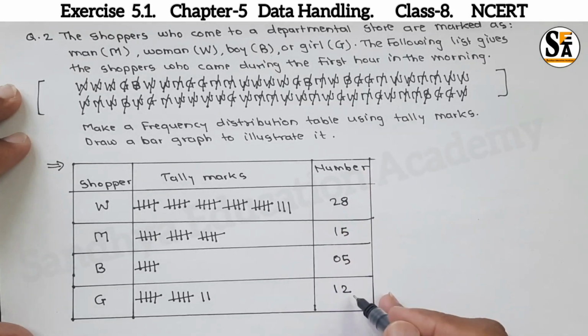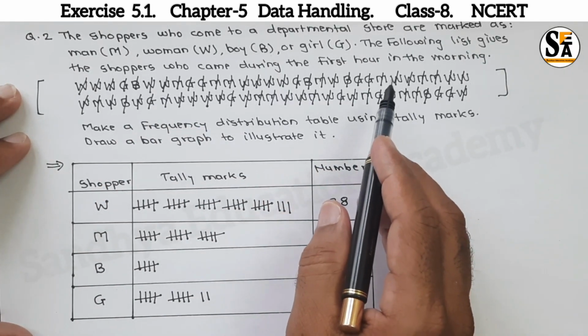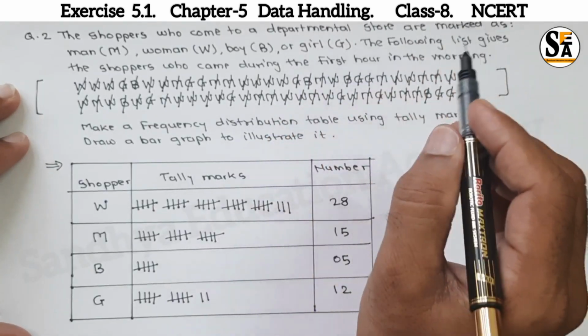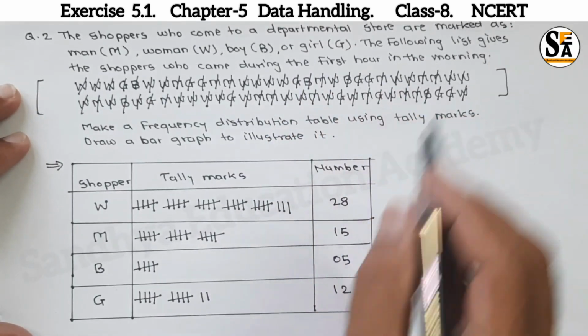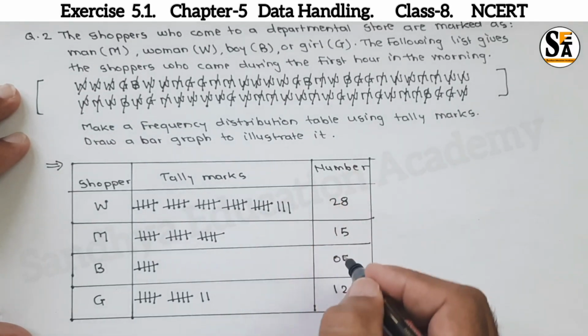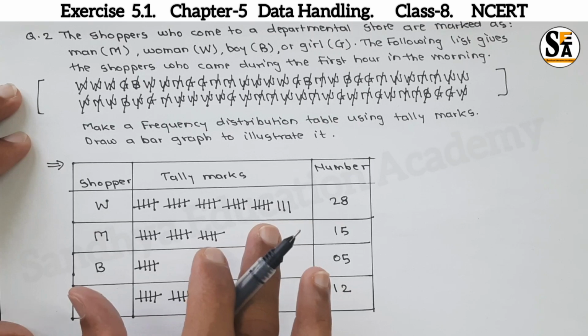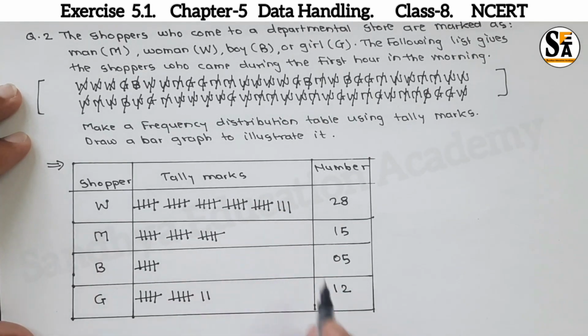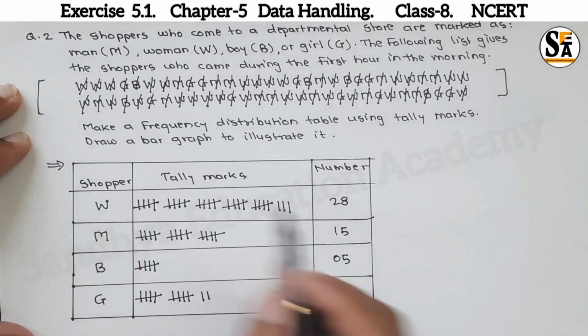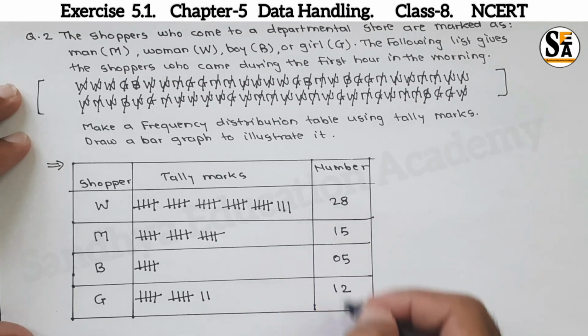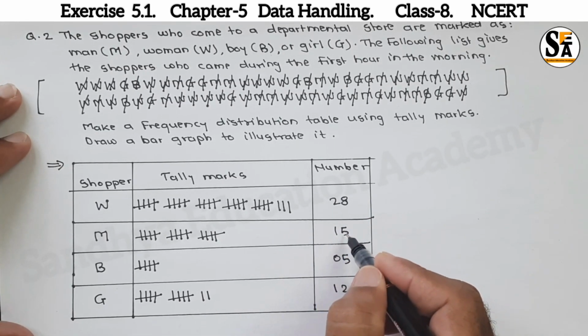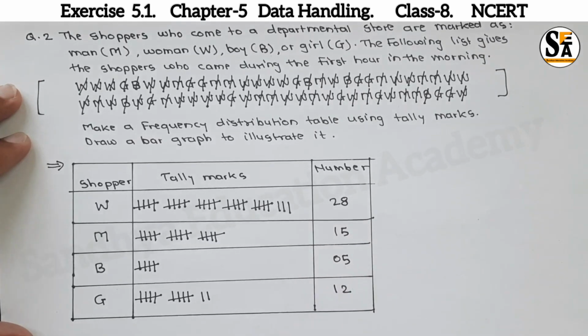So these are the numbers of shoppers who visited the departmental store in the first hour in the morning. So this is a frequency chart, and I hope you understood how to make a frequency chart. The total, if we add 28 plus 15 plus 5 plus 12, means there are 60 entries.